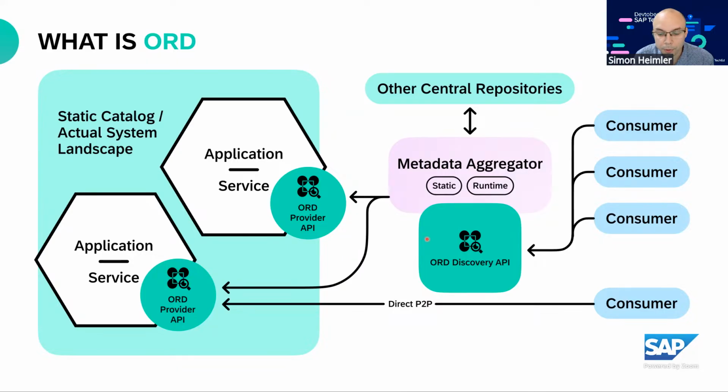So a consumer can find all of our APIs no matter which product they come from. But ORD is still a decentralized protocol. A consumer could also directly, peer-to-peer, ask an application how it looks, in case we don't have an aggregator or we don't want one.